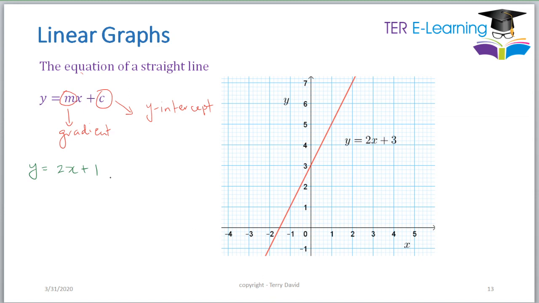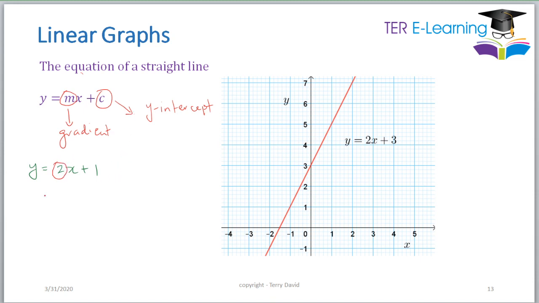So I'm seeing some different answers for the gradient. If I have an equation y equal 2x plus 1, I just told you that all equations for a straight line have the form y equal mx plus c. Now, if m is the gradient, m is the number that's just in front of the x. So my gradient in this case is simply 2, right?